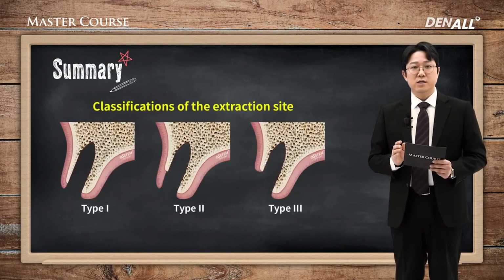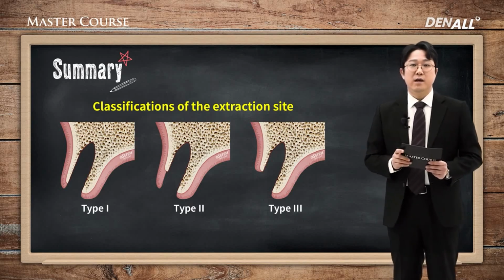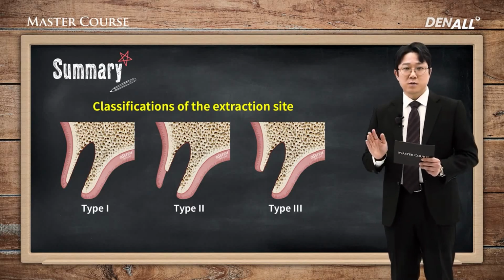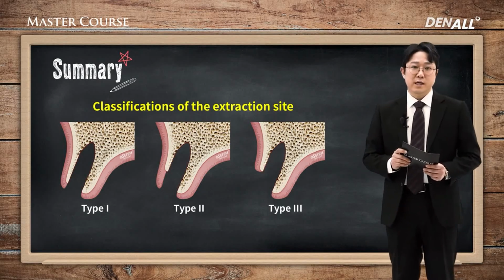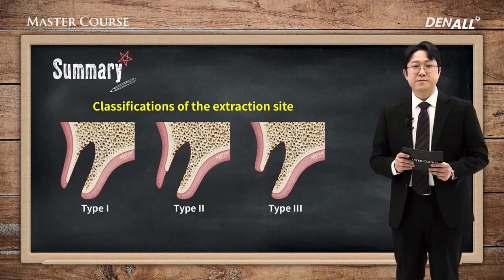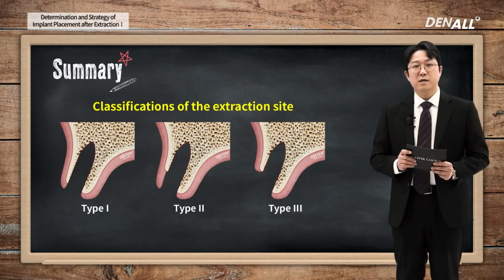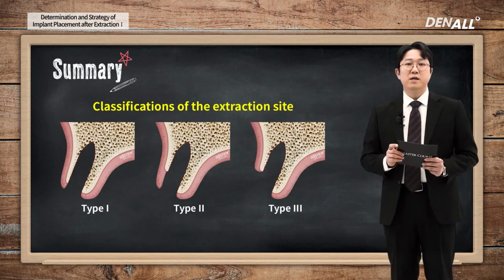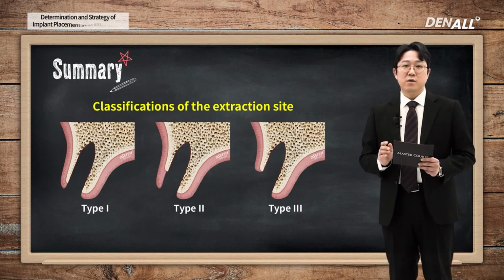The healing of the extraction socket depends on the extraction socket shape. You can use Ilian's extraction socket classification on bone resorption and soft tissue resorption. Determining when to place the implant after extraction can be a strategic factor in overall implant strategy.